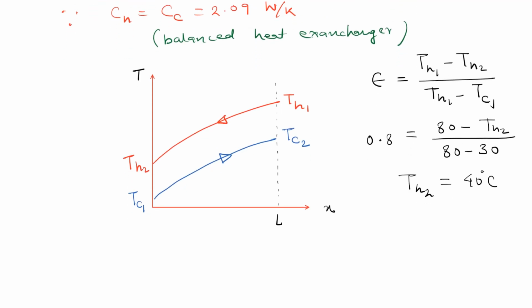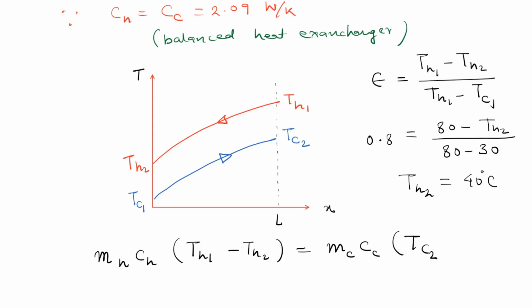Okay. Now to find the exit temperature of cold fluid, from energy equation what we can write, MHCH multiplied by temperature difference TH1 minus TH2 will be equal to MCCC multiplied by TC2 minus TC1. That means the heat emitted by hot fluid is equal to the energy gained by the cold fluid.